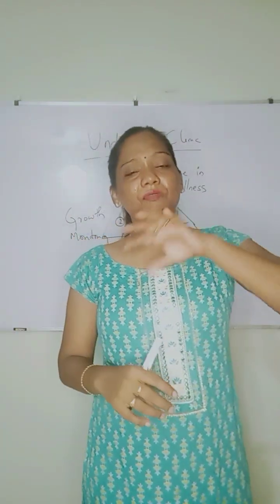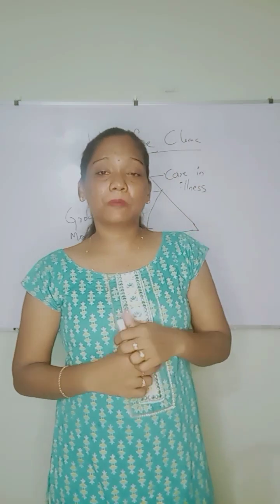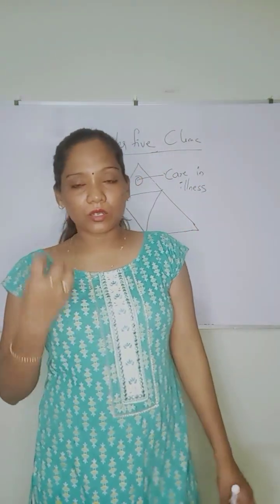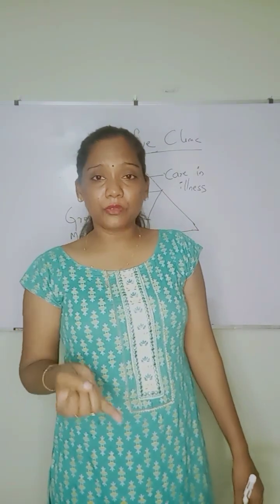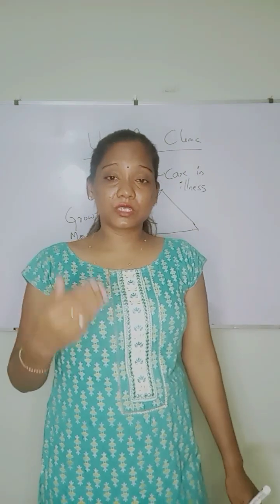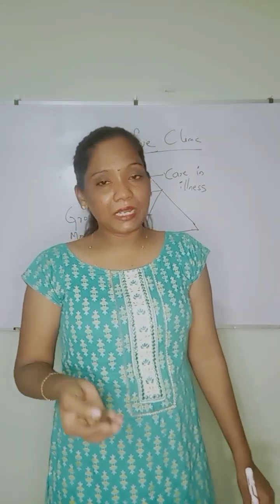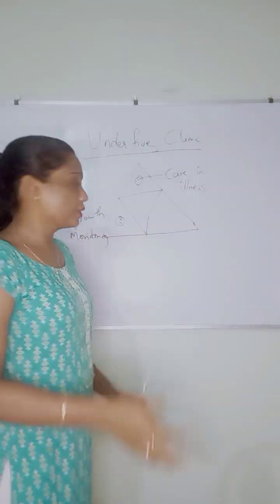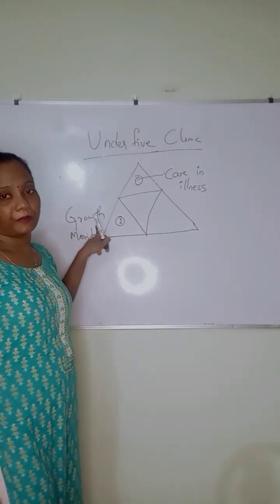So in the first 5 years of life, growth monitoring plays a major role in identifying any risk, complications or problems like malnutrition, worm infestations or congenital disorders which are at a mild stage but the child is showing certain symptoms. All these things are possible when you monitor growth.